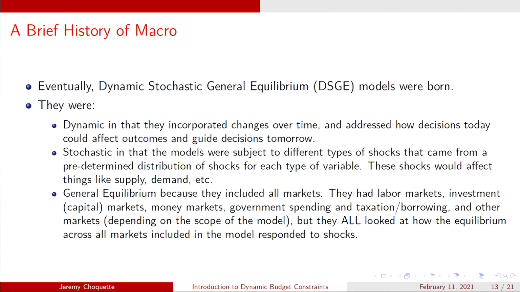But they all look at how the equilibrium across all markets included in the model responds to these shocks. So basically, the models evolve over time. They're subject to stochastic shocks, and they evolve over time subject to stochastic shocks while covering a general equilibrium framework, right?